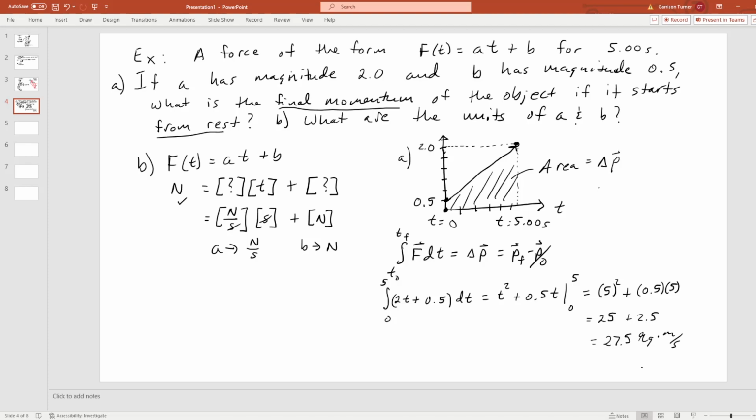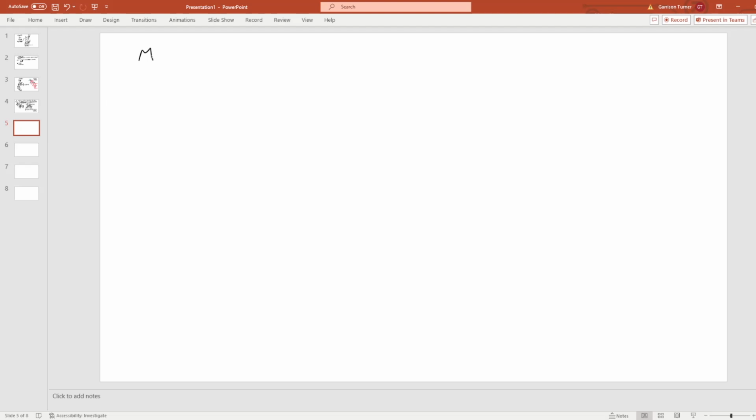So what about a more sophisticated example? Okay, so think of a bat hitting a ball. If I think of a bat hitting a ball, before the ball and the bat are in contact, there is no force.